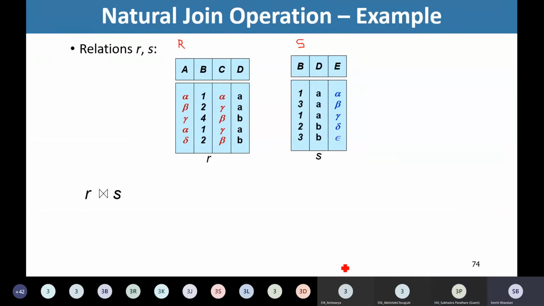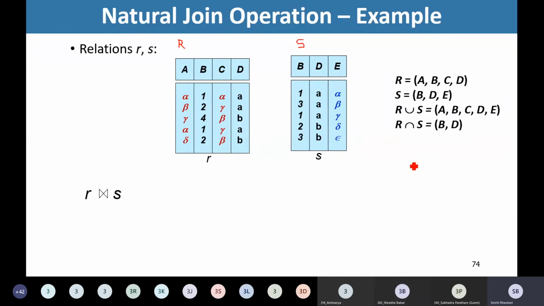Capital A, capital B, C, D, and E. What would be the schema for our natural join?